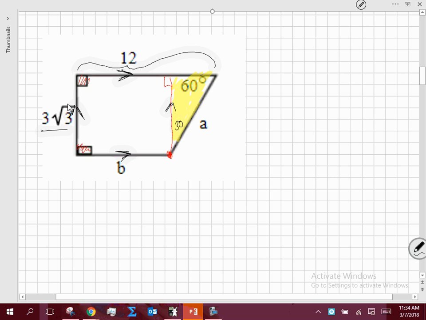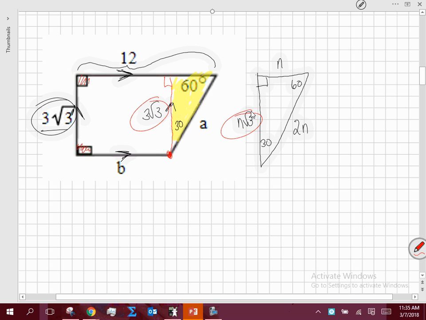But we do know that we can transfer that value there to that thing right there, can't we? So now I've got my 30, 60, 90 triangle. I'm going to draw my template so it's positioned the same way. So there's 90, there'd be 60 there, 30 here, n, 2n, and n radical 3. If I overlay that triangle on top of the yellow one, doesn't that value and that value overlay?